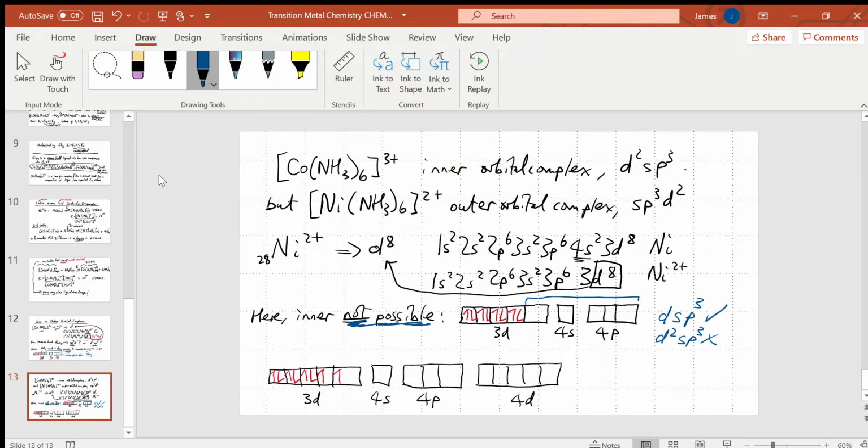I've got my lone pair from nitrogen, and remember I'm going to hybridize these here to give my sp3d2. So I'm going to have lone pair, lone pair, lone pair, lone pair, lone pair, lone pair.